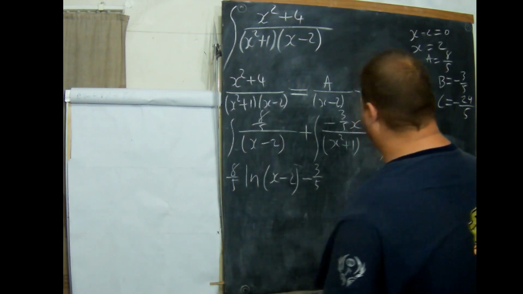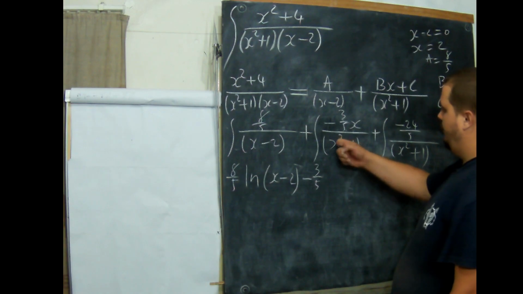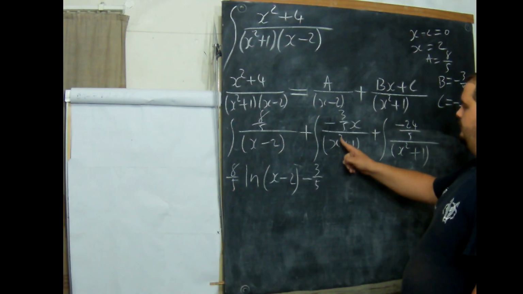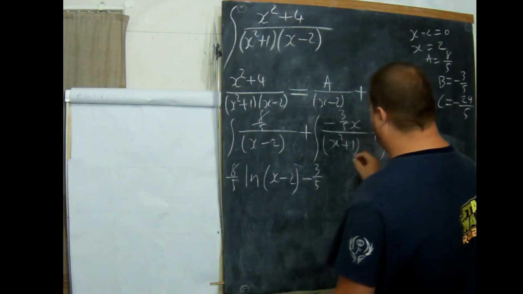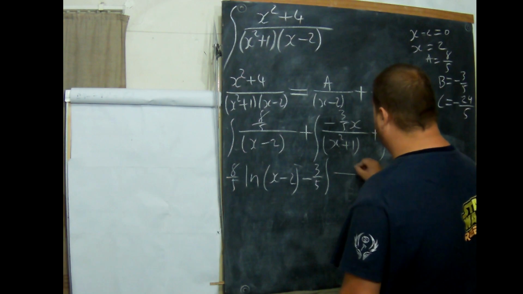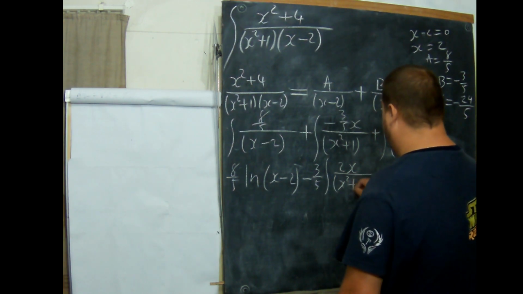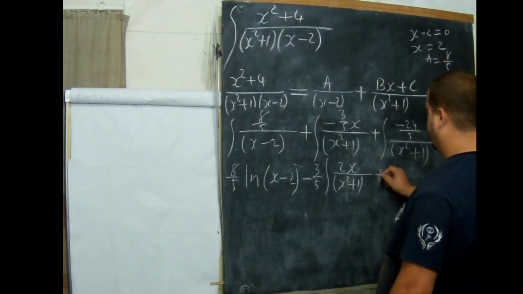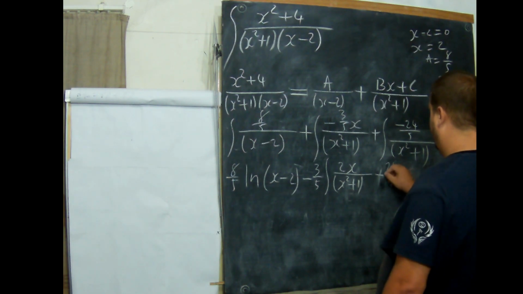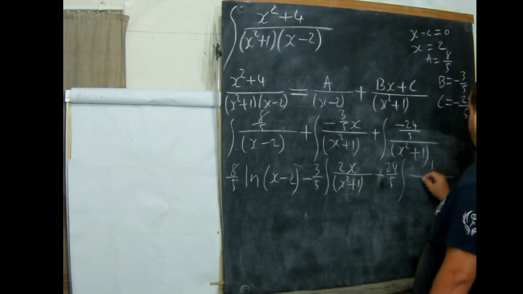Now because we have an x and an x squared, the derivative of this is 2x. So we're going to put 2x up top here. So the integral of 2x over x squared plus 1, plus or minus in this case 24 over 5, integral of 1 over x squared plus 1.